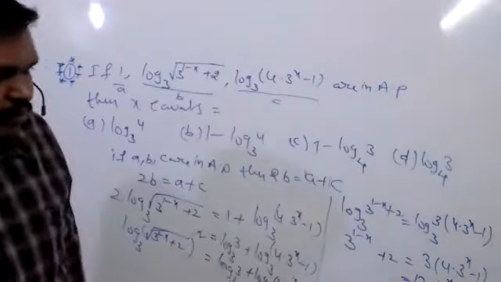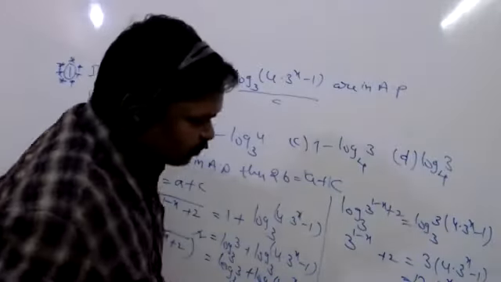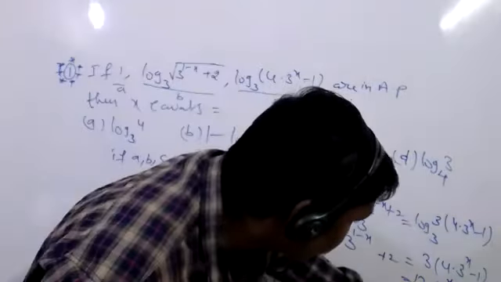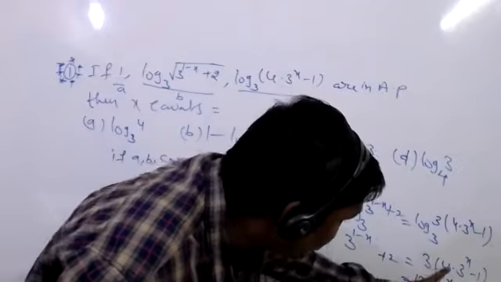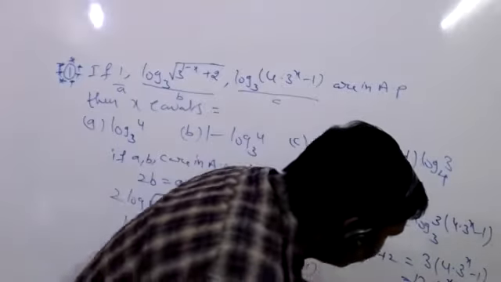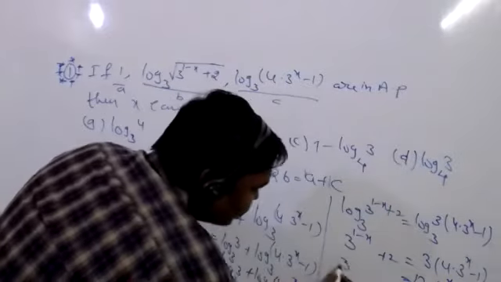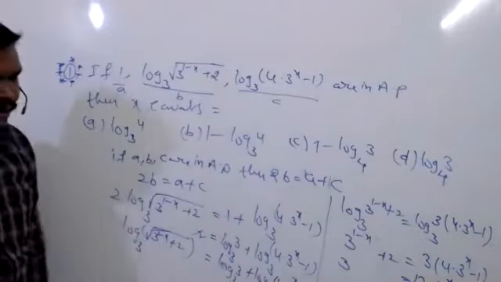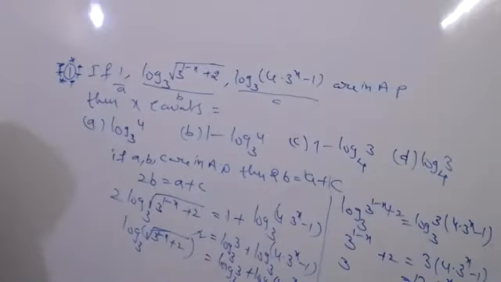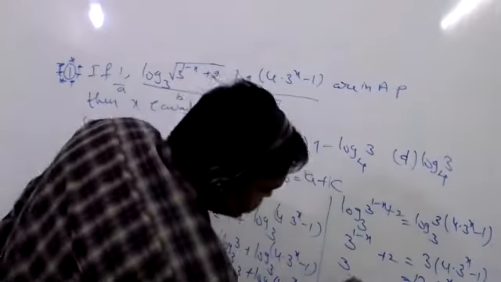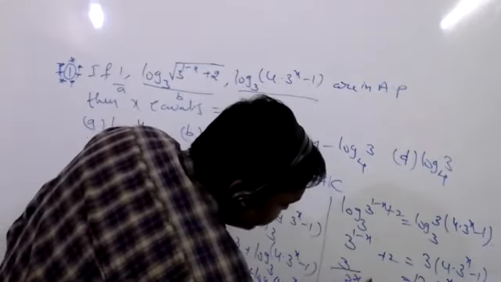Sir, 12 into 3 power x, another 3 won't come. Okay. 12 into 3 power x minus 3. Here 3 power x, 3 into 3 by 3 power x, 3 by 3 power x plus 2.